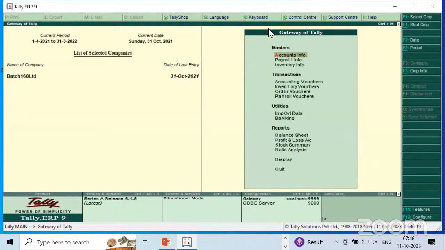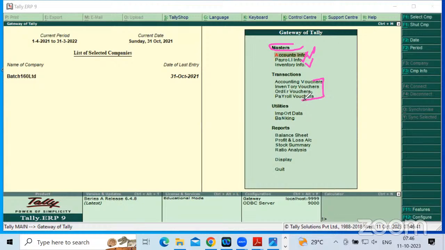Now, in the Gateway of Tally, you have the masters here, master data. What are the master data? Accounts info, payroll info, inventory info. If you want to add a new inventory item, you will go to masters and add it. That won't change unless you delete it. That is master data.